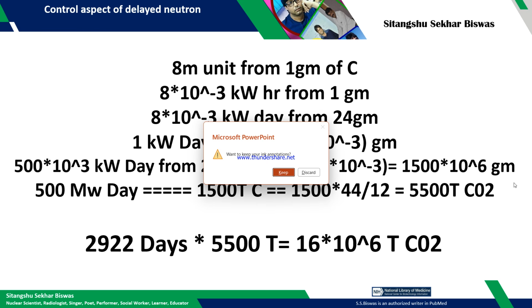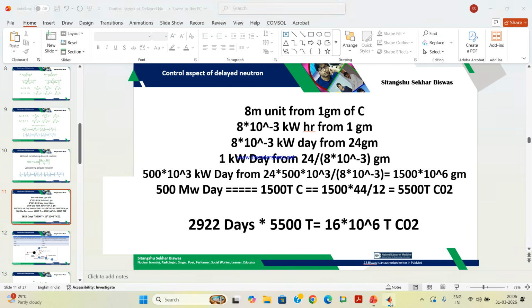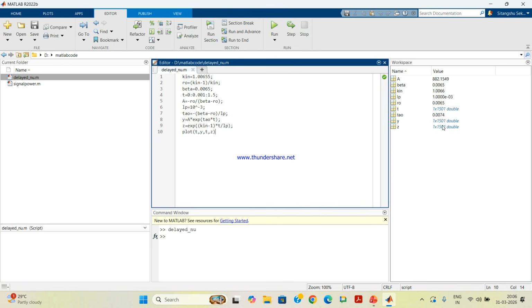For that I have written a very simple code. You can see for a particular situation, I have considered that the reactor is running in a prompt critical condition. Say the effective multiplication factor, due to some reason, has increased from 1 to 0.00655.